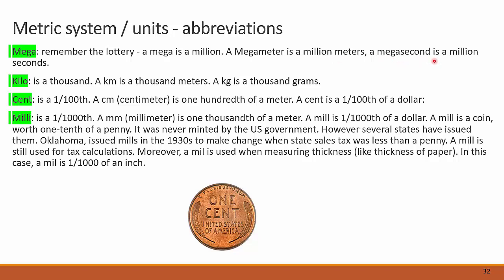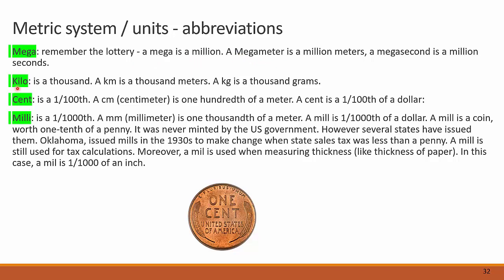A mega feet would be a million feet. A mega inch would be a million inches. That's that abbreviation. So when we have a large number, like a huge distance, instead of using meters and having so many zeros, we use the abbreviation and we use megameters.